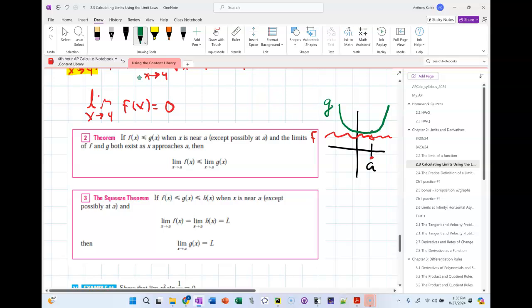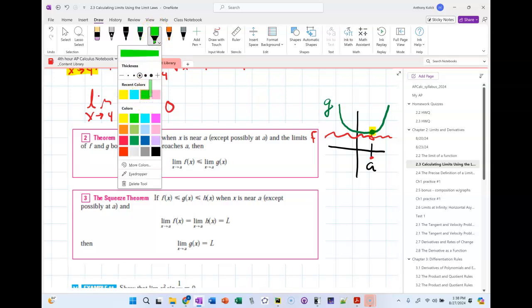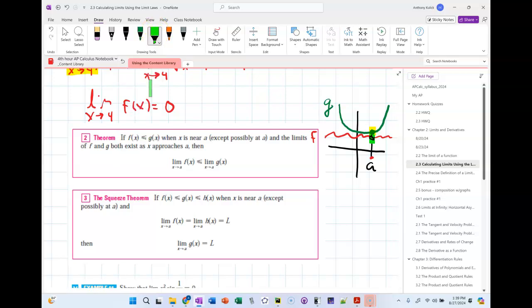So if I look at the limit as x approaches a for g, that's this value. And if I look at the limit as x approaches a for f, that's that value. No matter how I draw those, as long as one is on top of the other and the limits exist at a, then we can always say that g's limit has to be bigger than f's limit.